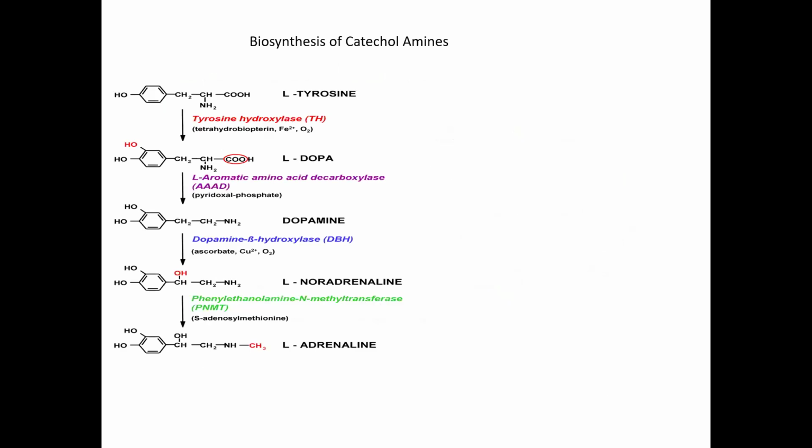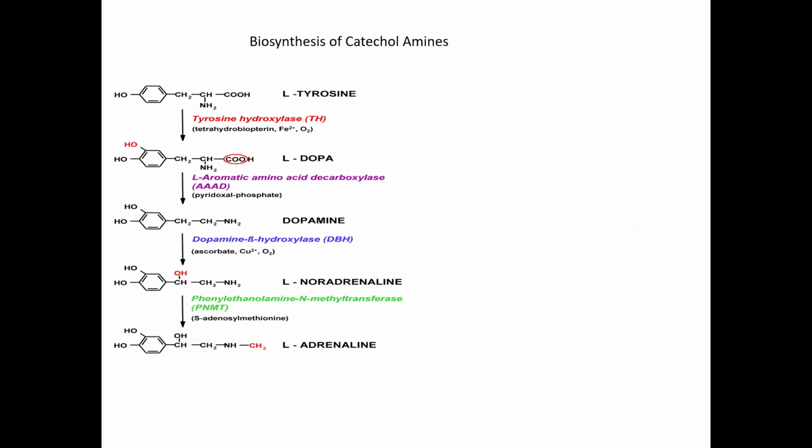Then there's the biosynthesis of catecholamines. Catecholamines come from L-tyrosine, which is again an amino acid. Take a look at what's happening here. It goes into L-dopa. How do we get from tyrosine to L-dopa with tyrosine hydroxylase?